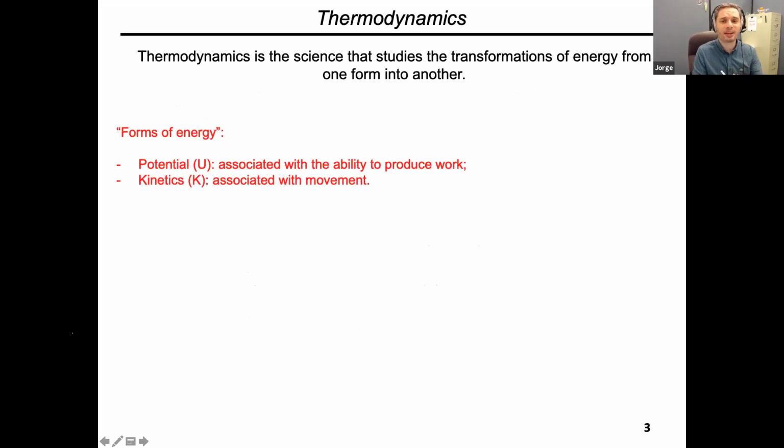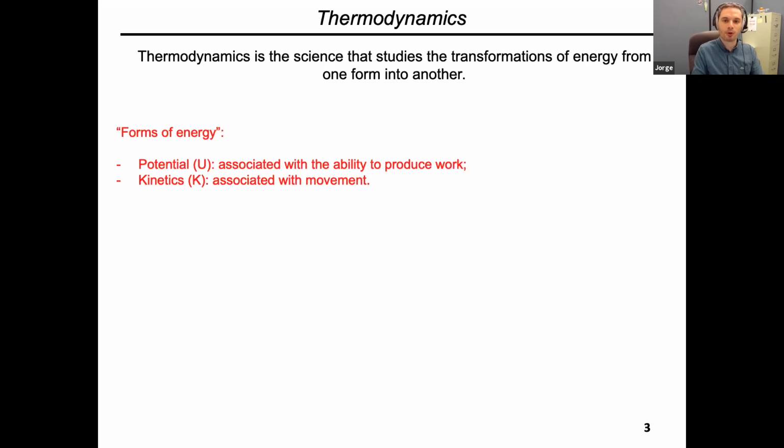Thermodynamics is the science that studies the transformations of energy from one form into another. Okay, so the goal here in chapter number 6 is to calculate and predict if a reaction is going to produce energy or absorb energy.